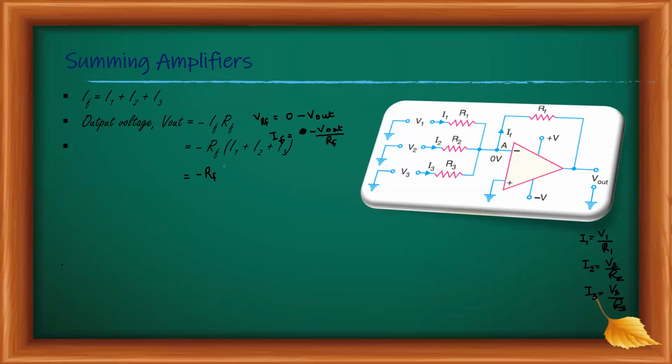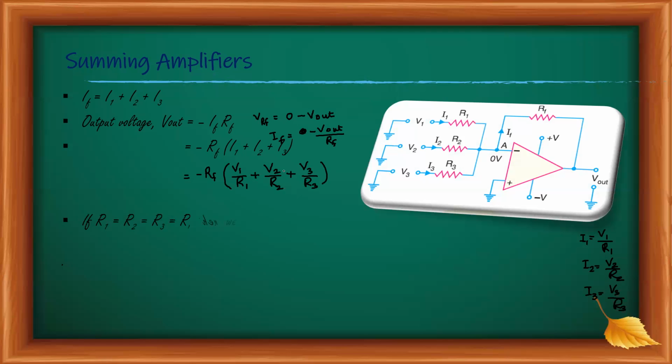Okay. Substituting the value here, we write V1 divided by R1 plus V2 divided by R2 plus V3 divided by R3 minus RF into V1 by R1 plus V2 by R2 plus V3 by R3.